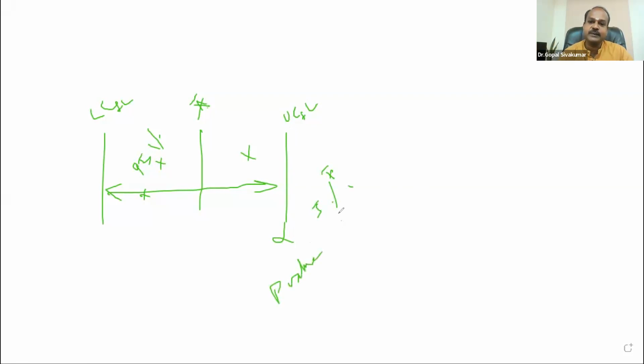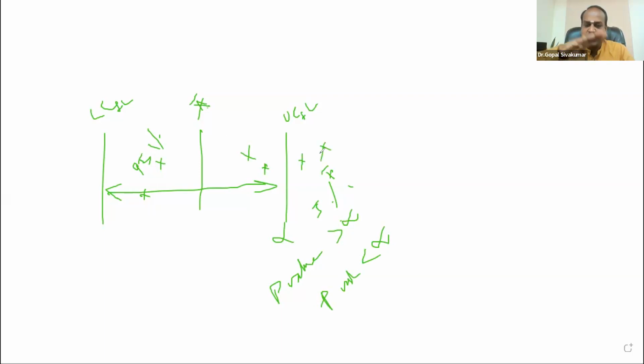If the p-value is found to be more than alpha, that means your statistics is still inside. But if the calculated p-value is found to be lesser than alpha, it is very clear it has come out, isn't it?